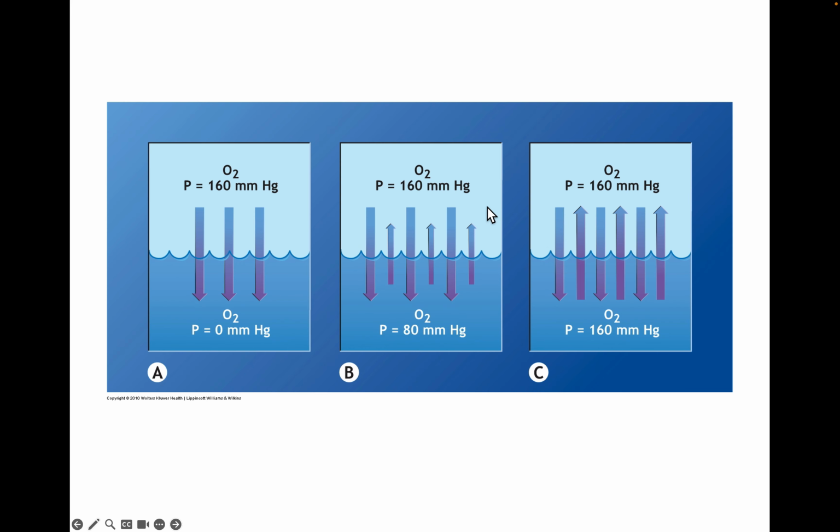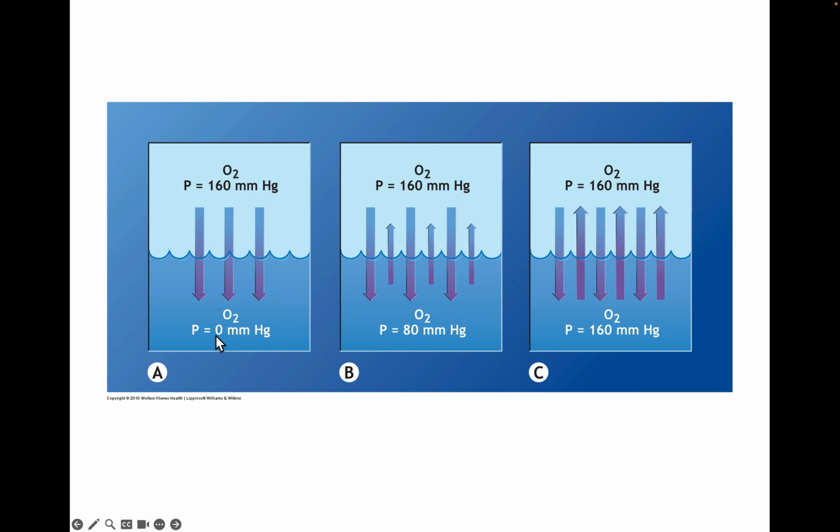This diagram shows an example of how diffusion occurs. Let's take a look. We've got oxygen in one chamber and oxygen in another chamber. In the top, the partial pressure of oxygen is 160 millimeters of mercury. You don't necessarily need to understand why we use mercury, but essentially this is saying we have a lot of oxygen on this side, and on this side we have no oxygen.